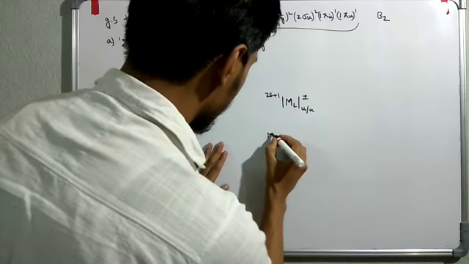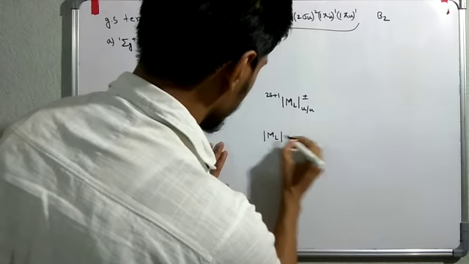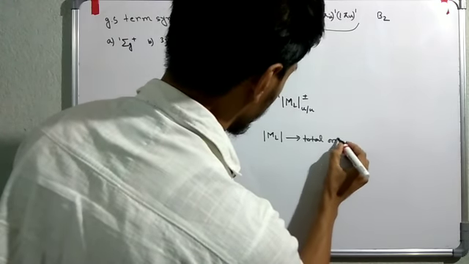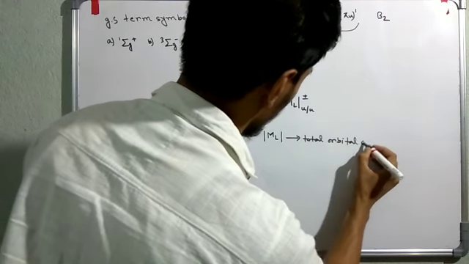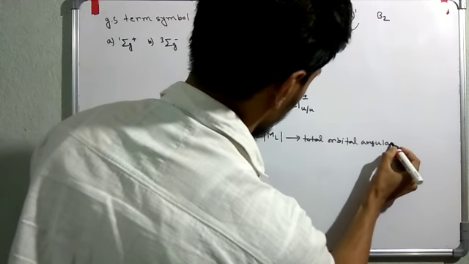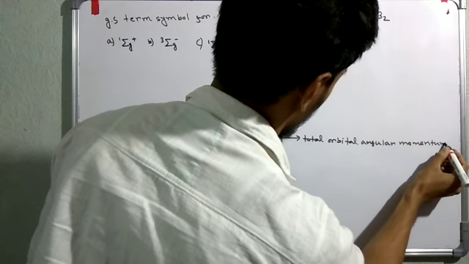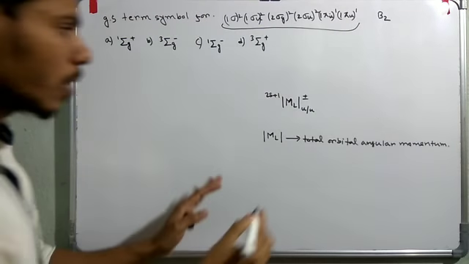This modulus ML is the total orbital angular momentum.